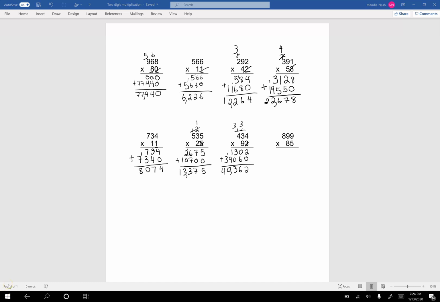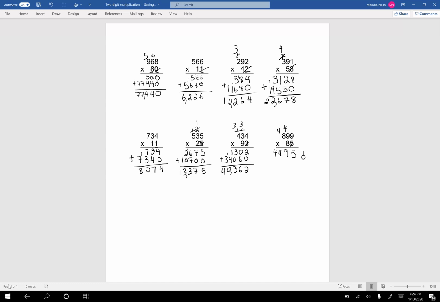Okay, so the last one, we have 5 times 9 is 45. Then we have 5 times 9 again is 45, plus 4 is 49. Carry the 4. 5 times 8 is 40, plus 4 is 44.